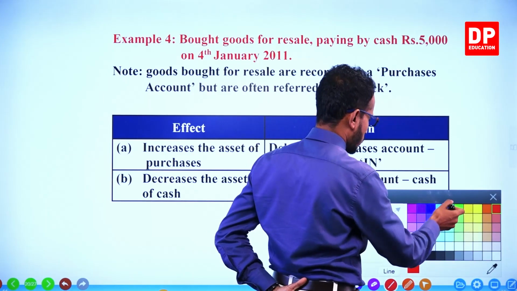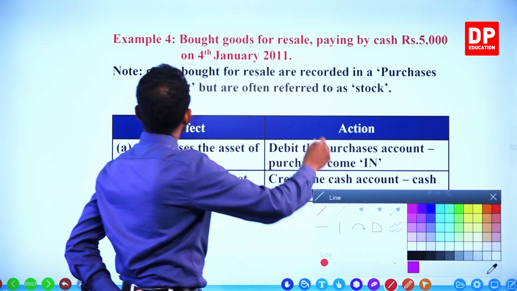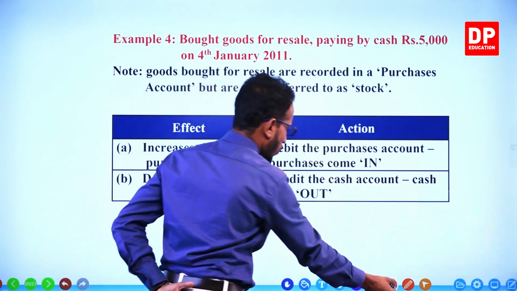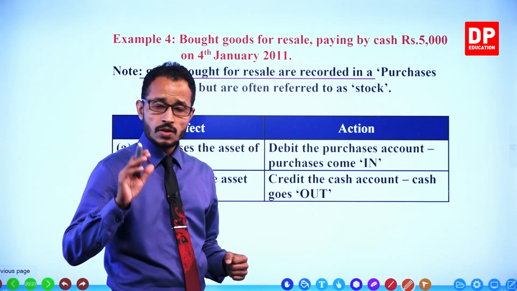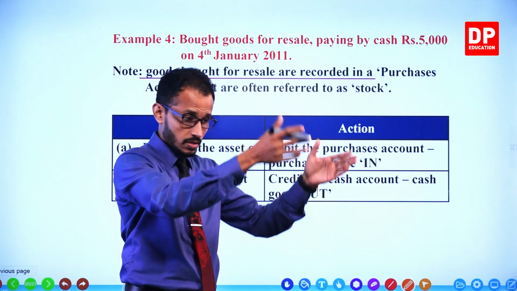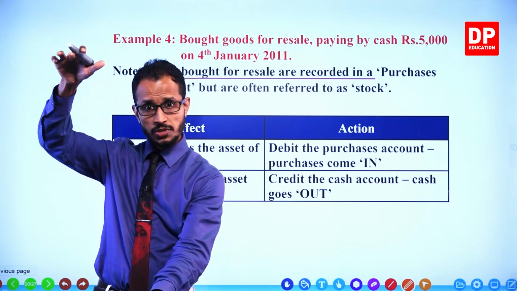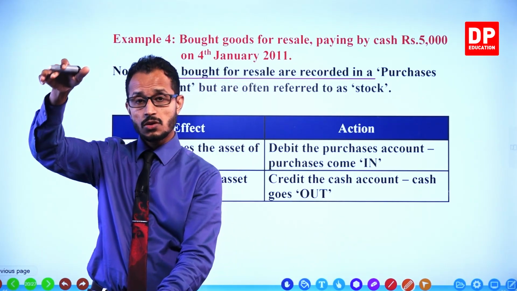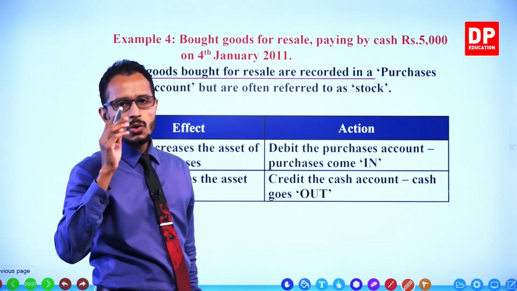Something that should be highlighted: goods bought for resale are recorded in a Purchases Account. Likewise, children, when stocks of goods are bought into the business for reselling to customers, those are called purchases.